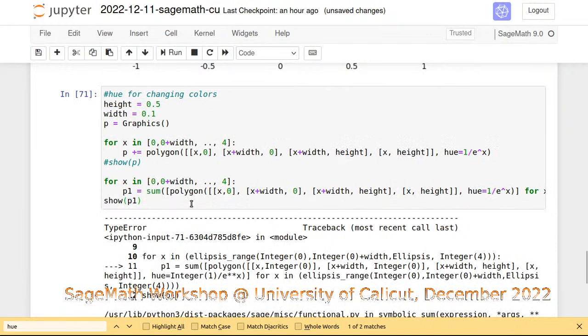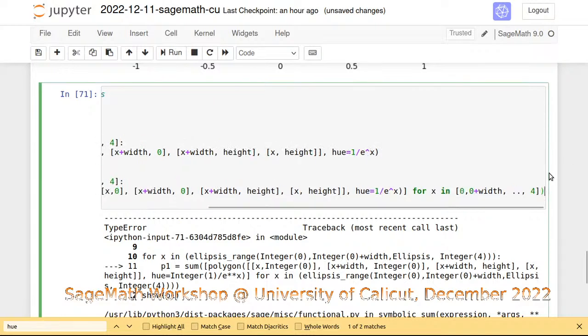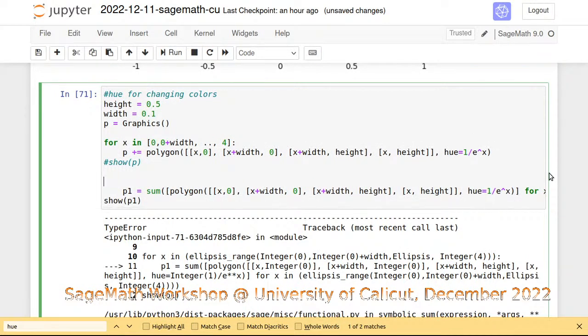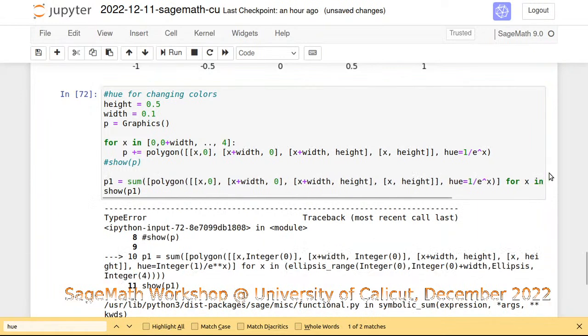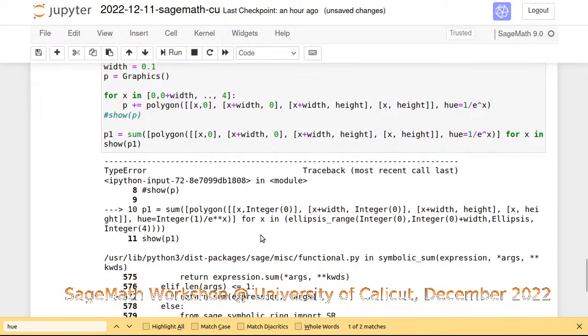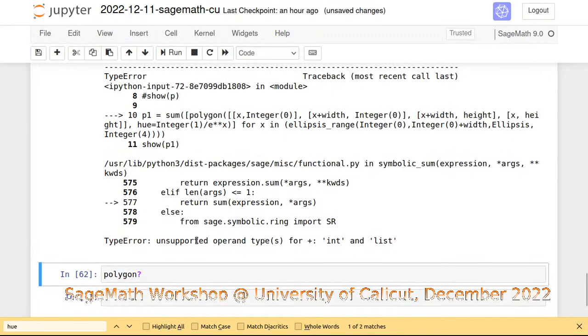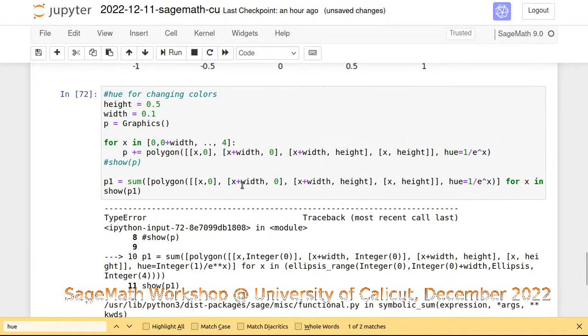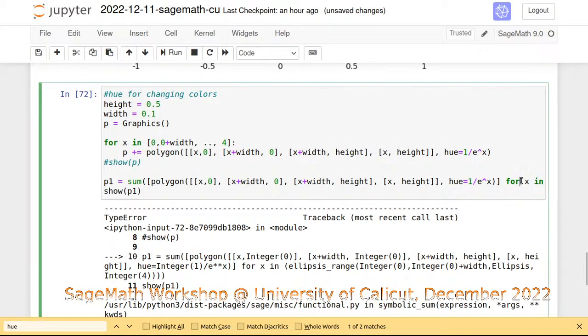Plus is unsupported for int and list. Where is the plus I am using? Am I using the plus anywhere? This is not required. Sorry, I'm just summing here. Where is that error message? P1 is equal to some polygon for x in, x is equal to x plus width. Oh, sorry, where is that? x is definitely there.